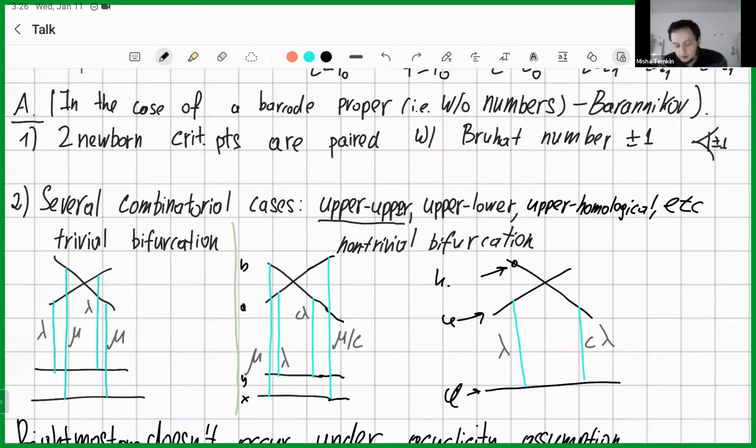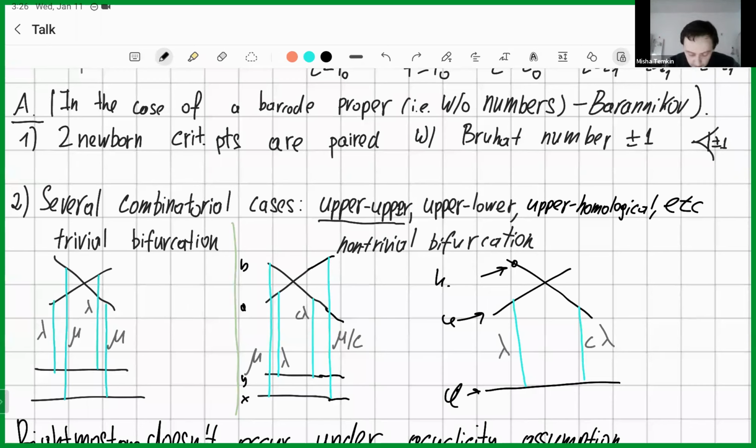It was lambda before the bifurcation, now it's c lambda, and there is no relation between the two. But here, in this central case, we see that despite the fact that the numbers themselves change, the product of them doesn't change. So the product was lambda mu and is lambda mu after the bifurcation.